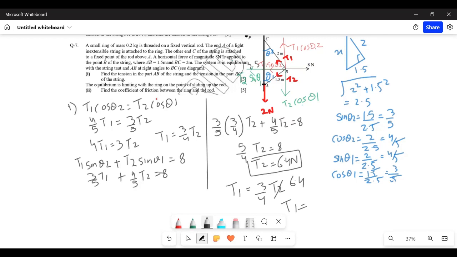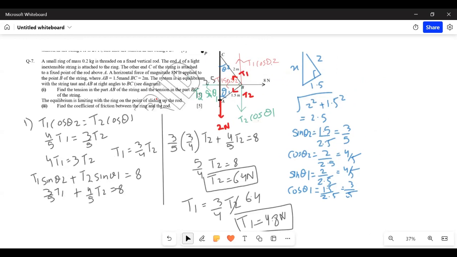So T1 comes out to be 3 by 4 into 6.4, which is 4.8. So we found tension in both parts of the string. For AB, it's T2, which is 6.4. And for BC, it is T1, which is 4.8.